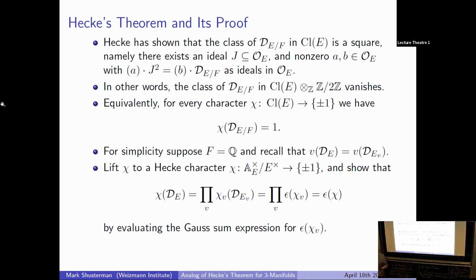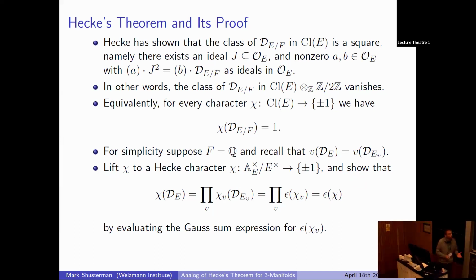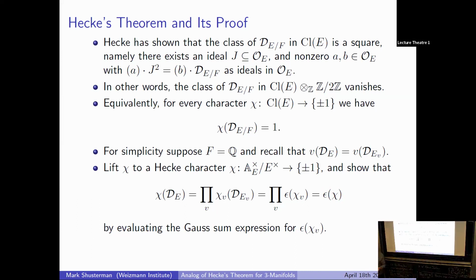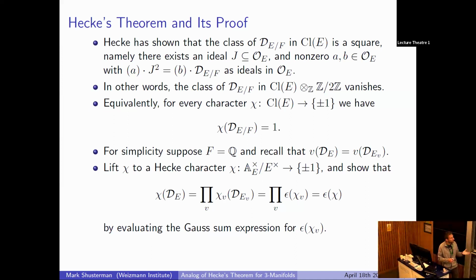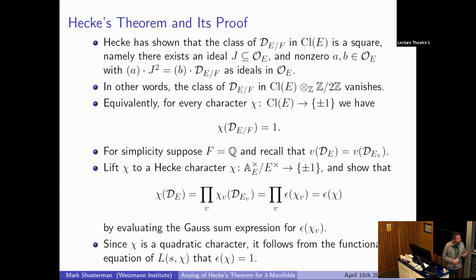One of the things we learned is that when you multiply the epsilon factors up, you get the epsilon factor of the original character pi. And the last step is by modern standards pretty simple: if you work with a quadratic character, the epsilon factor is always going to be 1.